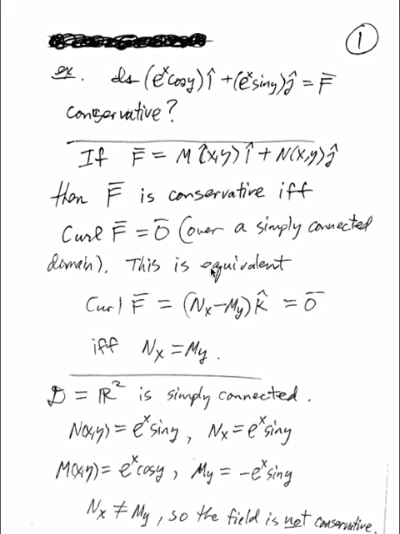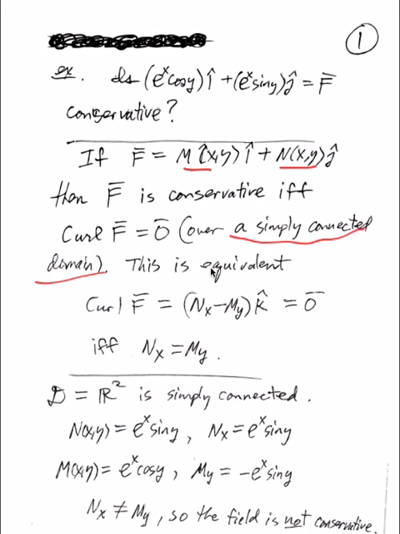Let's remember this statement here. If I've just got M and N, i and j, dealing with a vector field in the plane, then it's going to be conservative if and only if the curl is 0 over a simply connected domain, which is what we're always going to have here.